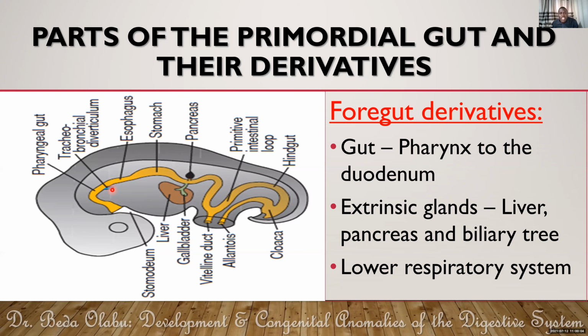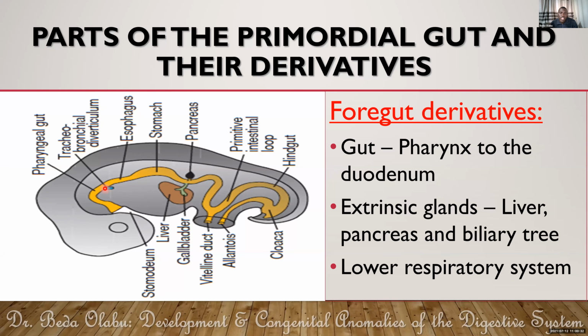It is from that point where the lower respiratory tree comes from. And so the larynx, trachea, bronchi, and the lungs as a whole actually come from the anterior part of the foregut, corresponding with the region of the pharynx and esophagus there.